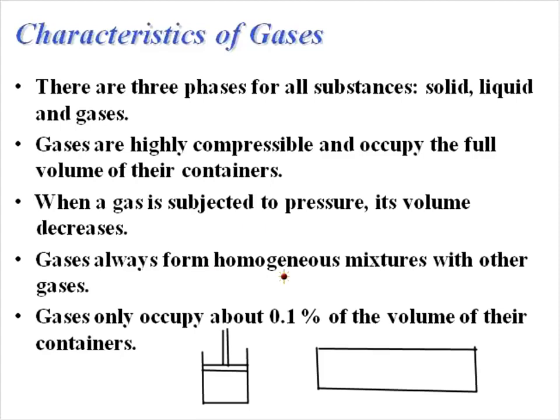Homogeneous mixture with other gases. Gases mix very well with each other. There are very few complications. Liquids also mix with each other, but there are several complications. When you use paint, you never wash your hands with water hoping that the paint would go, right?